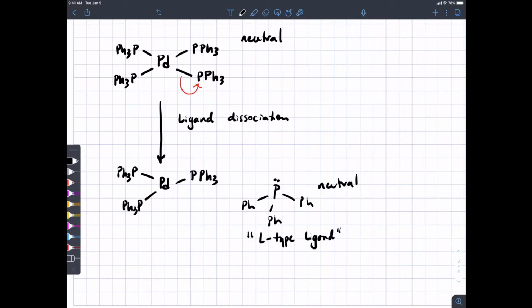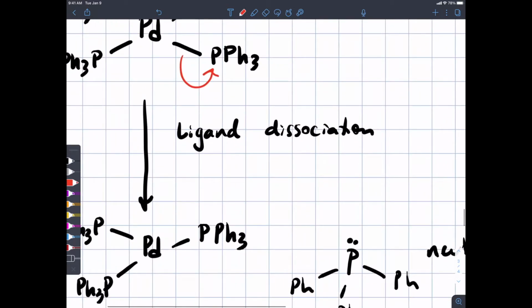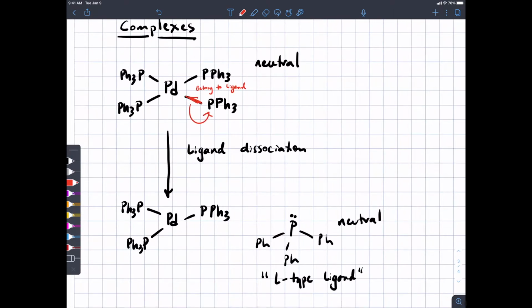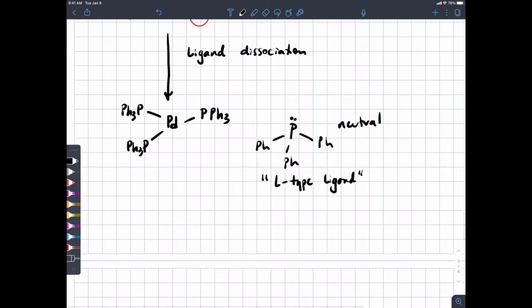And the electrons that leave with that L-type ligand, we are going to count as though they belong to the ligand. So that's why you don't need, you remember formal charge, right? An atom owns all of its lone pairs and half of the electrons in its bonds.